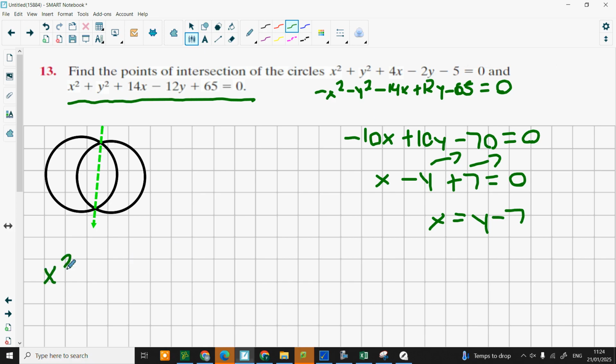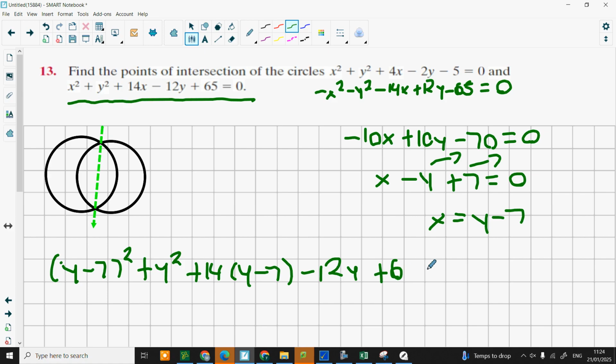So we're going to go x squared plus y squared plus 14 times, oh, I made a mistake. Okay. x squared, so I'm going to do y minus 7 squared plus y squared plus 14 times y minus 7 minus 12y plus 65.